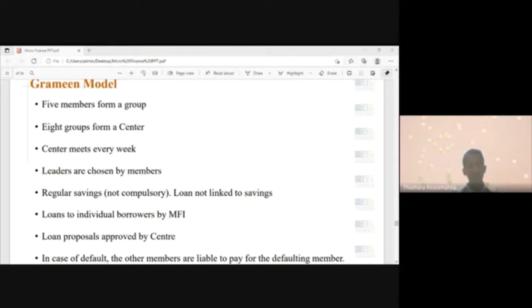Like Sarvodaya, there may be separate groups, and the loan proposals come to the center, which is again formed or elected by the rest of the members. They evaluate the loan proposal, approval is given, and then they get the money, utilize it, and repay. It's a very organized, professional sort of arrangement. So that's what the Grameen model is all about, and it is practiced in many countries, especially in Bangladesh.